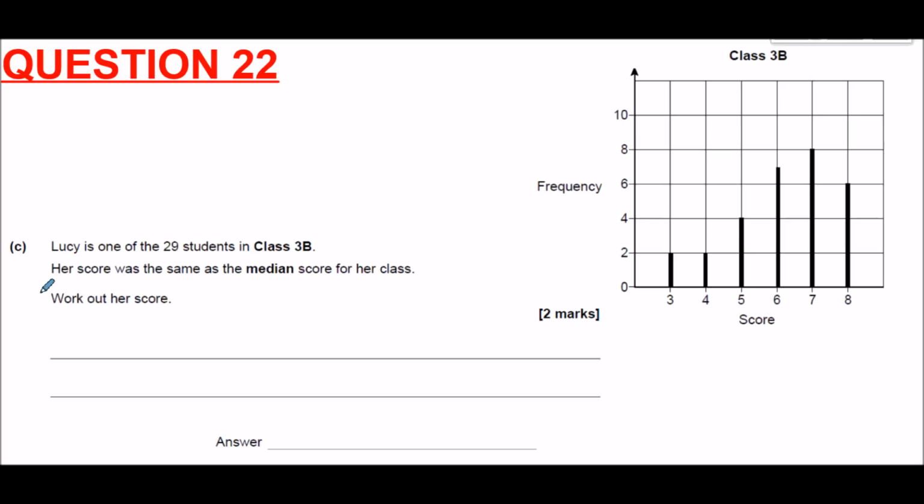And finally, for question 22, part C, it says Lucy is one of the 29 students in class 3B. Her score was the same as the median for her class. Work out her score. Now, median means the middle value.